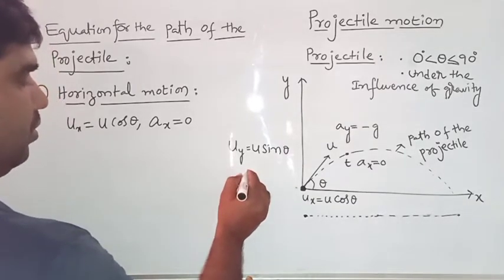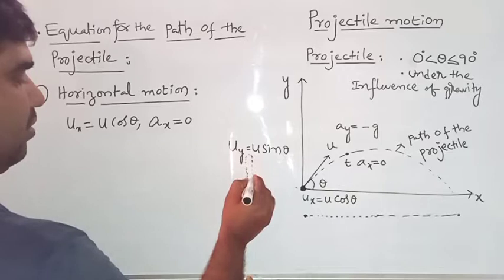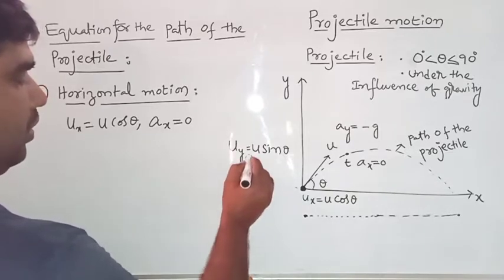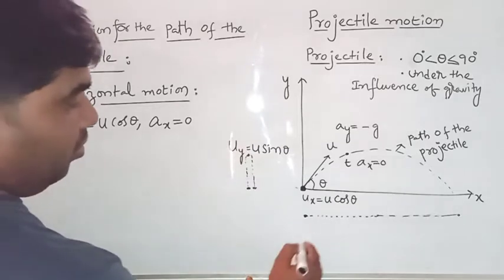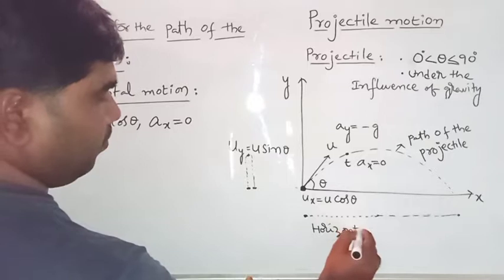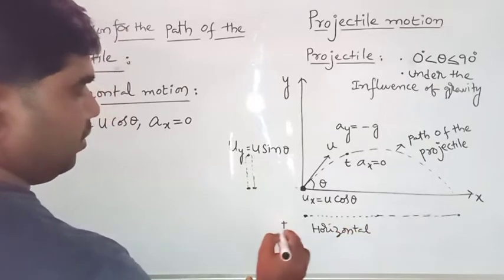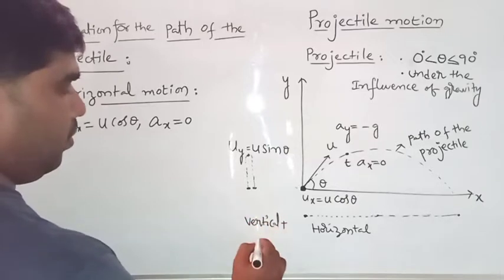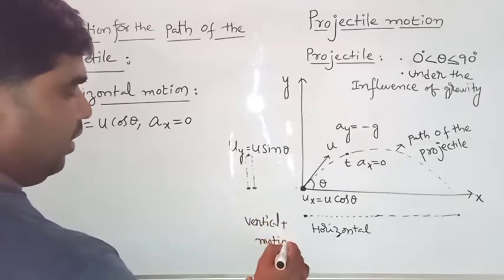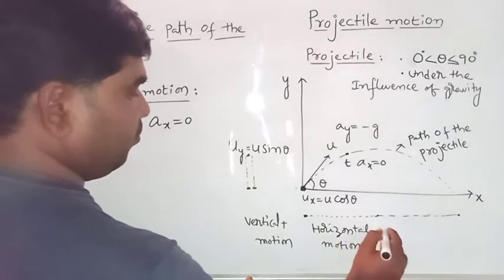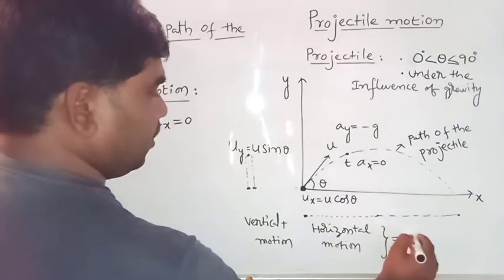Vertical motion means you can see here when it reaches the maximum height, again it comes down. So here projectile motion we can say that horizontal motion plus vertical motion is equal to projectile motion.